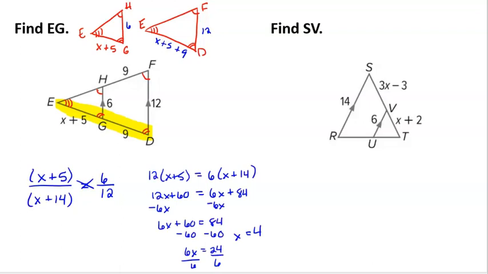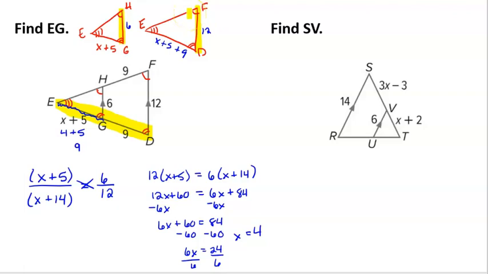And once I solve out my cross multiplication, I get X is equal to 4. And then it's asking me for EG. And so that's going to be 4 plus 5, and that's going to give me 9. This makes sense because notice that for these 2 sides, my larger triangle is 2 times the size of my smaller triangle, right?